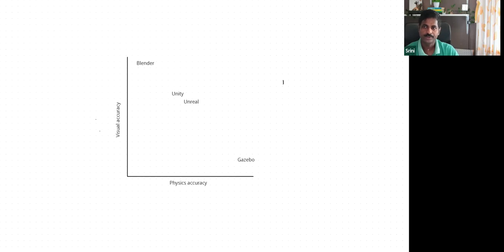If that is the case, then I would suggest something like Unity or Unreal, because for those things you actually rely on the images from the camera, in this case simulated images. If the images are not good enough, you can still develop your algorithm and test it, but it's not going to be realistic. When you hit the real world, it's going to be completely different and your algorithms might fail. So if you're working on those kinds of applications, then I would say go with Unity or Unreal.